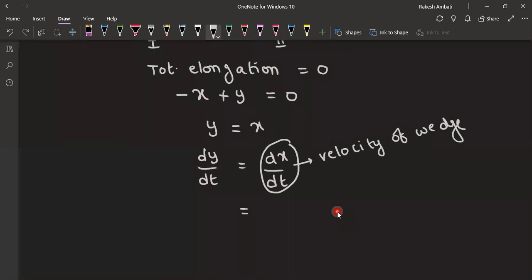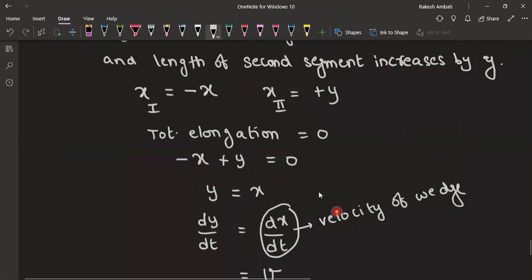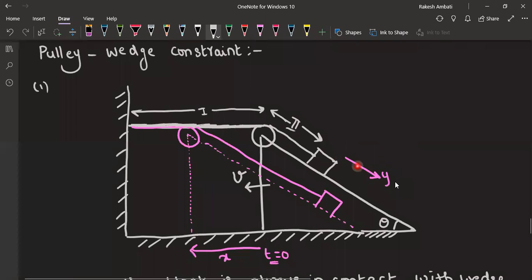In the question, the velocity of the wedge is given, that is v. In the same way, dy by dt. Here, what is the meaning of y? Y belongs to the block. It is the distance traveled by the block down the inclined plane.